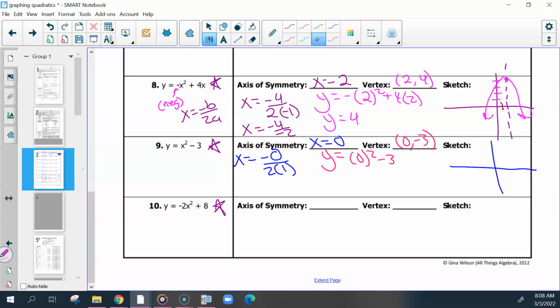I'm going to draw over top of my axis. Negative 3 would be somewhere down here. Would this face up or down? Up.